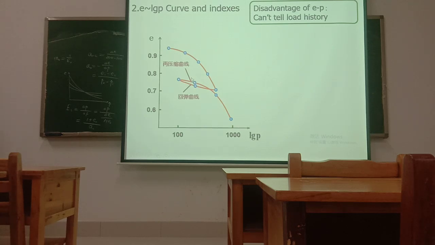If the soil were an elastic body, when we apply load or unload, maybe the curve would be the same. But here, the soil is not an elastic body, it has plasticity. Soil has plasticity, so the curves are not the same. Okay.